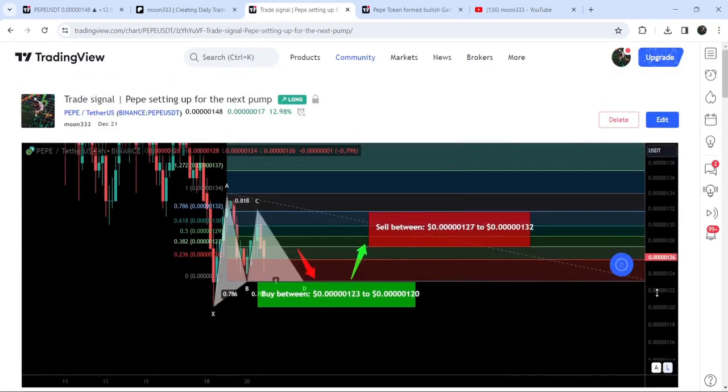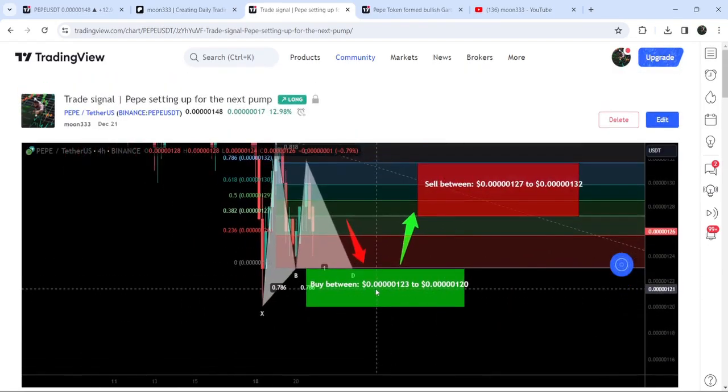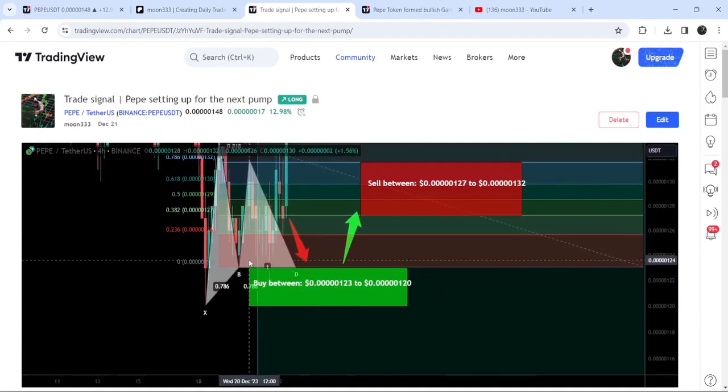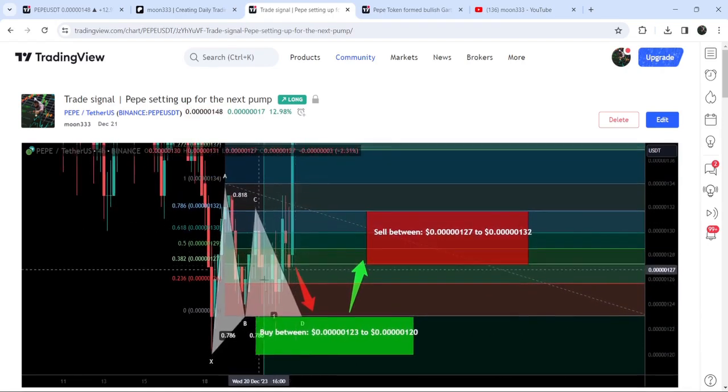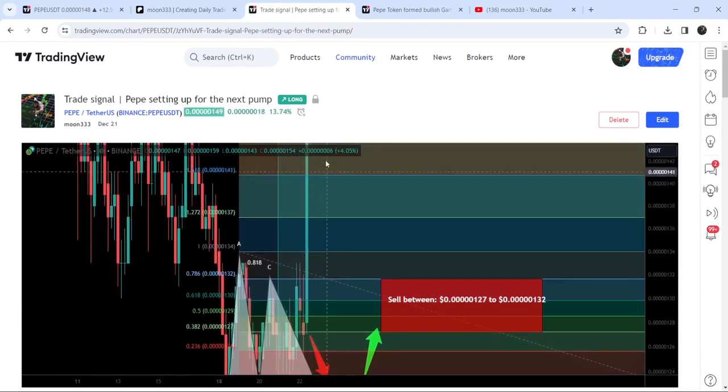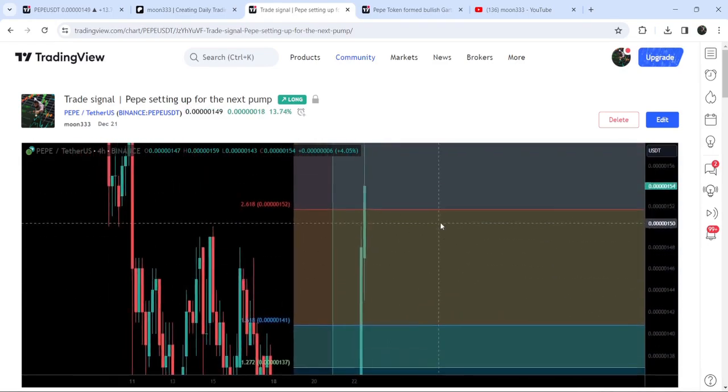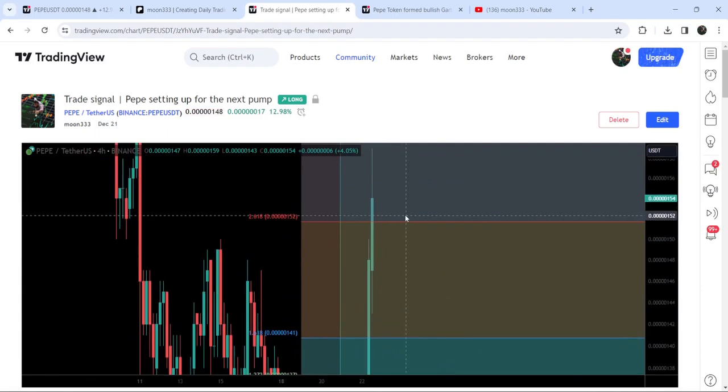Now if I play this chart, you can see that after a few candlesticks, the price entered the buying zone here. You can see it dropped down to 122. And then after the completion of this leg, it started a very massive price reversal. So far, it has pumped almost 30% and is still moving to the upside.